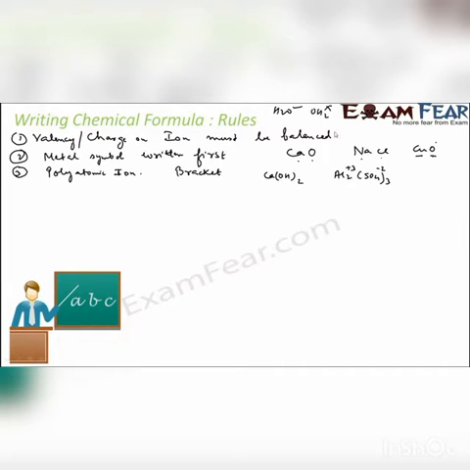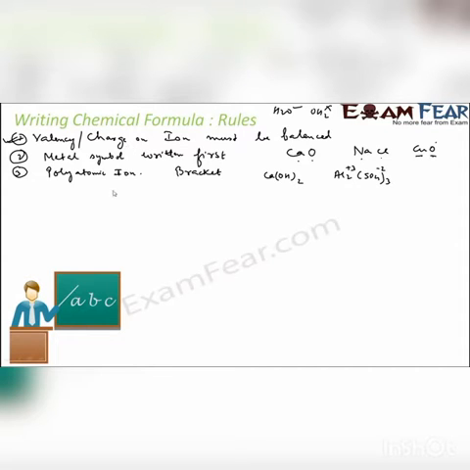So the net charge is the same, and that is the first rule, and that's why we have this formula. Second rule, the metal is written first. If you see here, aluminium is written first, and here calcium is written first. And since there is a polyatomic ion, this whole polyatomic ion is put in brackets. Okay. So 3 rules.